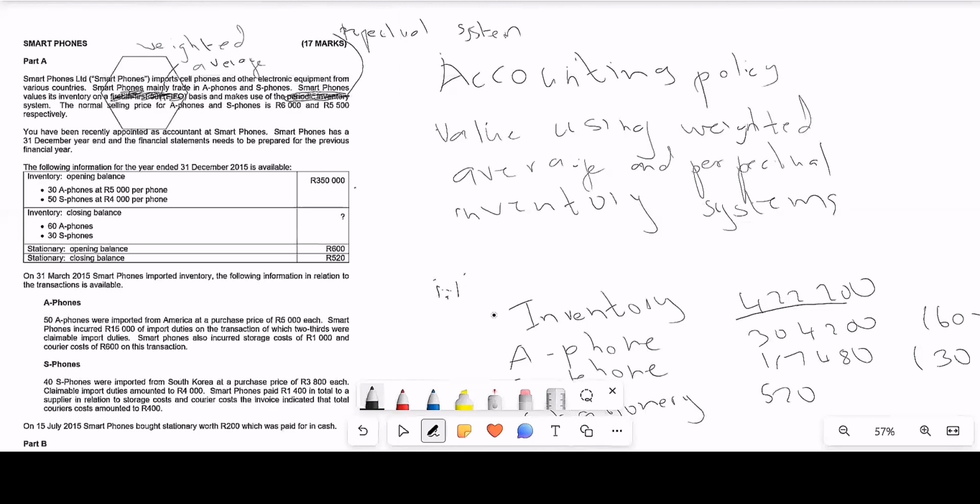So the total value will tend to be higher for your stock, because maybe the stock you bought this year was much more expensive than the one you bought last year.